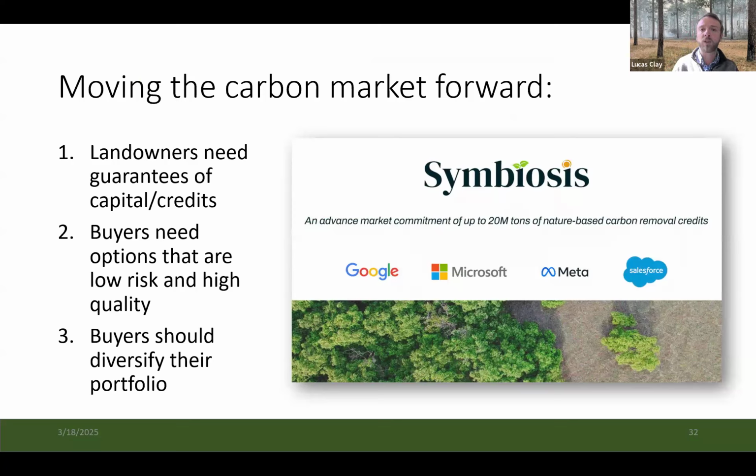And there's a couple ways we can do that. The Symbiosis Coalition is a great example of achieving both of these important factors. The Symbiosis Coalition has brought together a suite of companies, Google, Microsoft, Meta, and Salesforce, some of the largest names in this industry, to provide an advanced market commitment of up to 20 million tons of nature-based carbon removal credits.